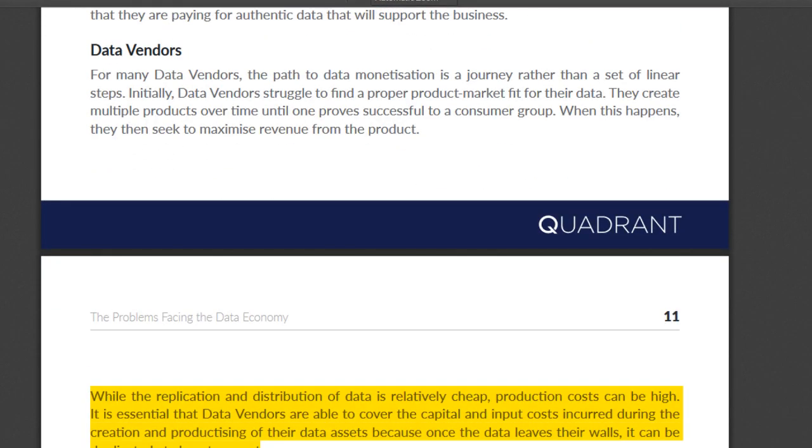I'm going to skip over most of the data vendor portion, but this starts going into cross-pollination and replication. Replication and distribution of data is relatively cheap. Production costs can be high. It's essential that data vendors are able to cover the capital and input costs incurred during the creation and producing of data assets, because once the data leaves their walls, it can be duplicated at almost no cost. Making the file that has the data built into it, that's the hard part.